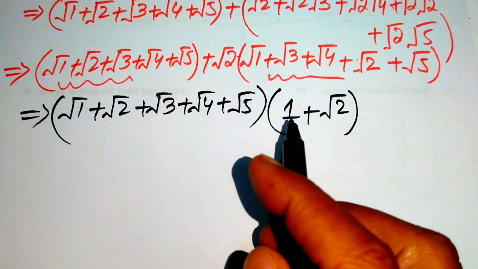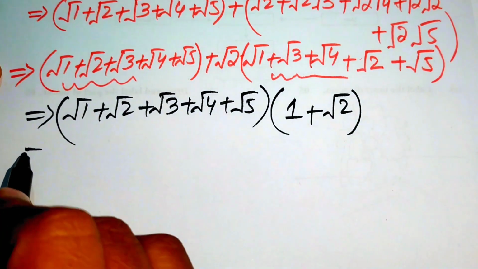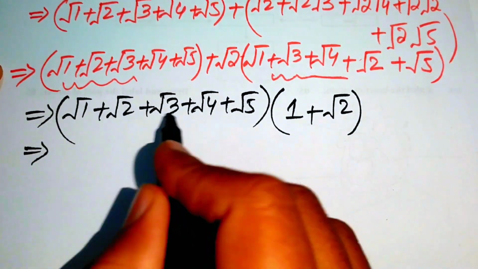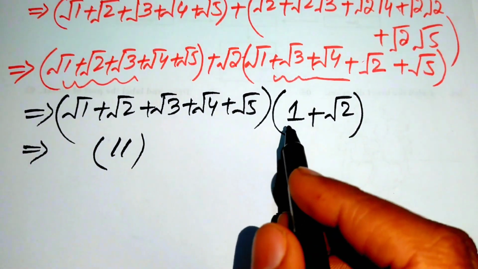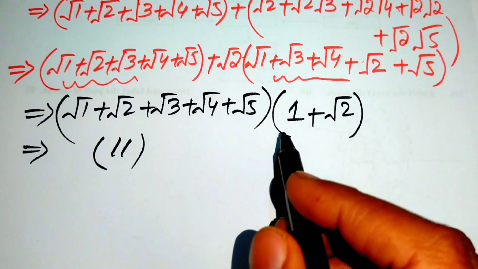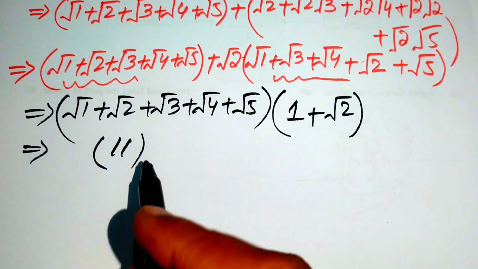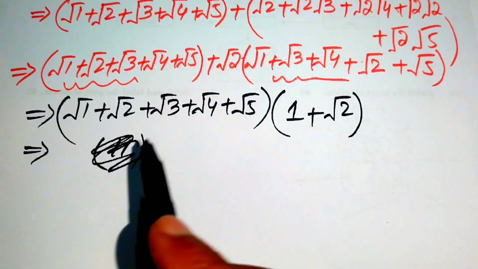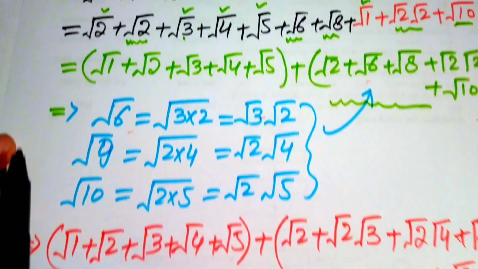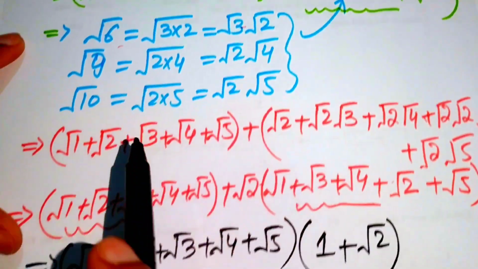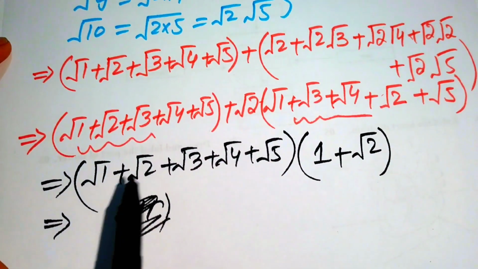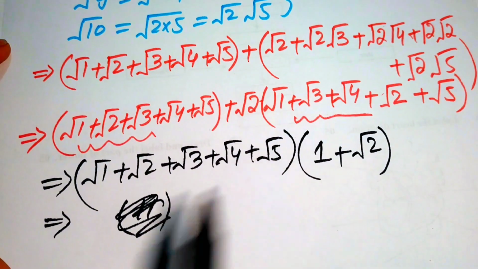And now we simplify this 1 plus square root of 2 and we write this expression as it is, and we can just add, or we can first put the value of the denominator, because here we take the denominator and we can first simplify this denominator and we finally get the value of our denominator in this form.